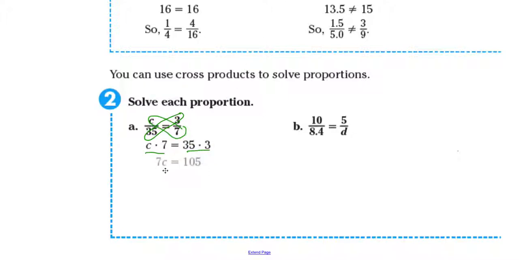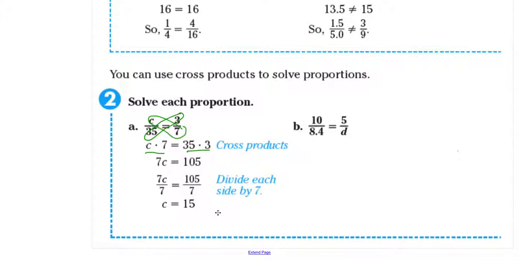So you end up with 7C equals 105, and this is simple enough. You solve for C by dividing each side by 7, and C equals 15. So the solution is 15.